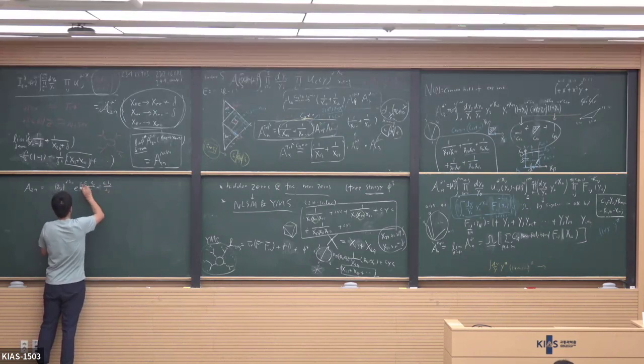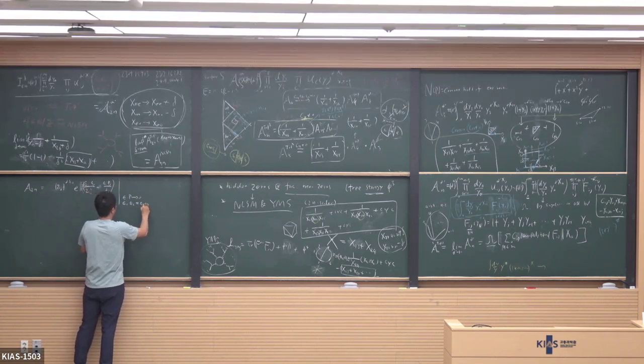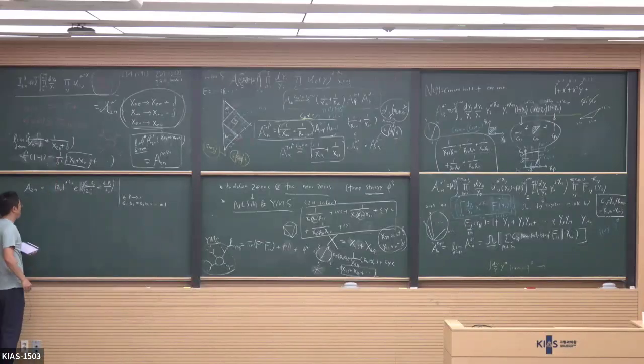Anyway, if you look at this bosonic string amplitude and you extract the component where all the epsilon dot P are 0, and only epsilon 1 dot epsilon 2, epsilon 3 dot epsilon 4, and so on are non-zero, then you discover our shift.